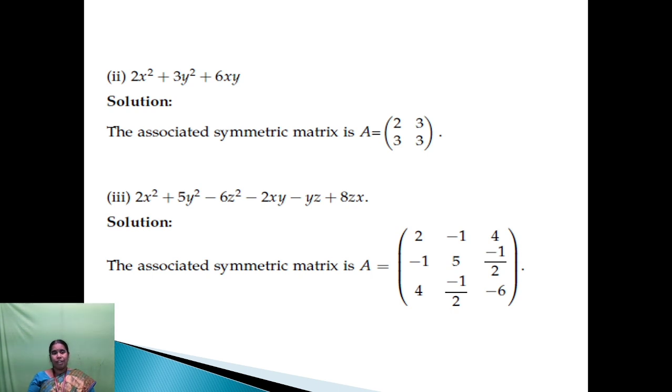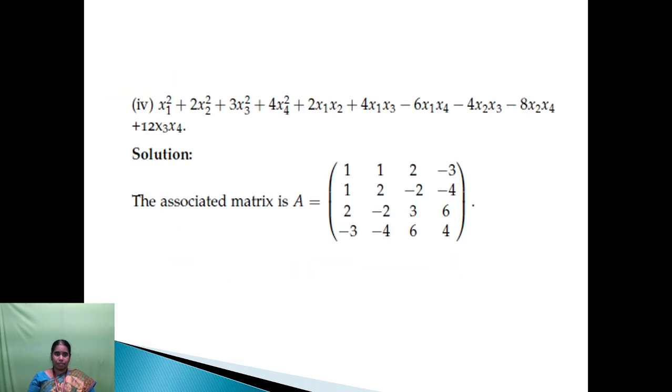In this way, we can convert our given quadratic form into a symmetric matrix. Similarly, one more example, having 4 variables, then the associated matrix is calculated in this way. Here, first we have to fix the diagonal elements, and then we have to fix the remaining non-diagonal elements by dividing the coefficient by 2.